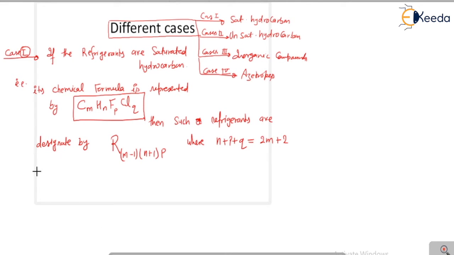Suppose, for example, if we want to understand our problem, we have to deal with an example. Suppose that in a question, the examiner asks you to write or designate this compound.